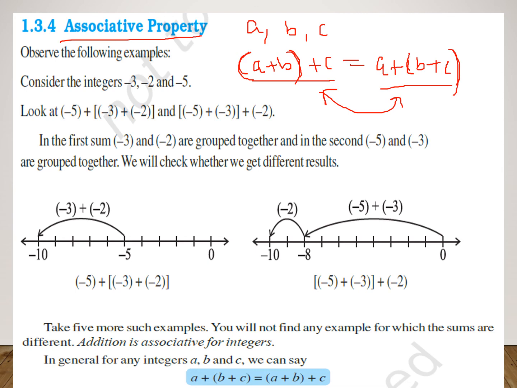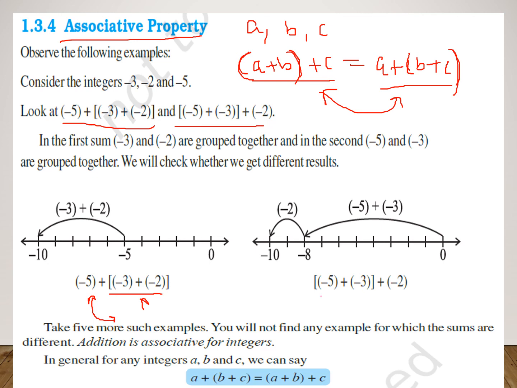How? Because in addition it is possible. You can take an example like they have taken and you can check this thing. By checking the left hand side and by checking the right hand side, you will always get the same answer on both the sides. Okay, like here you can see first you have to solve the bracket part and then whatever comes you have to solve it with this thing.